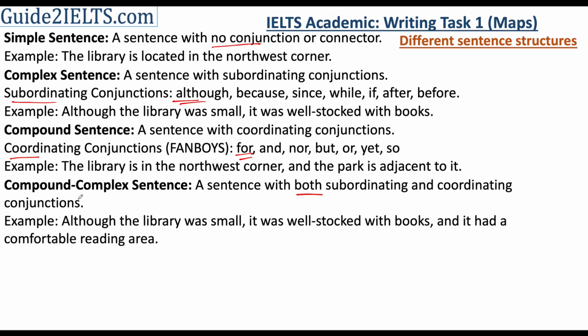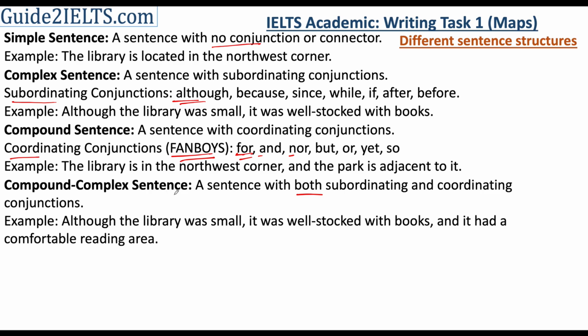I'll show you a few example sentences that you can make using these conjunctions when you're writing about maps. We can remember the coordinating conjunctions with the acronym FANBOYS: for, and, nor, and so on.